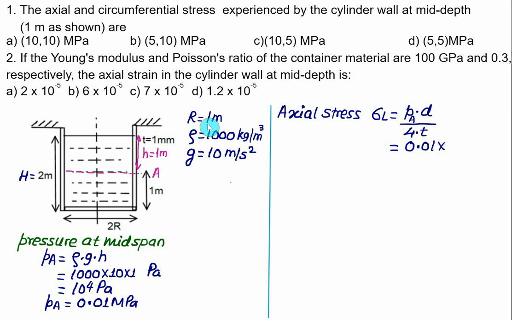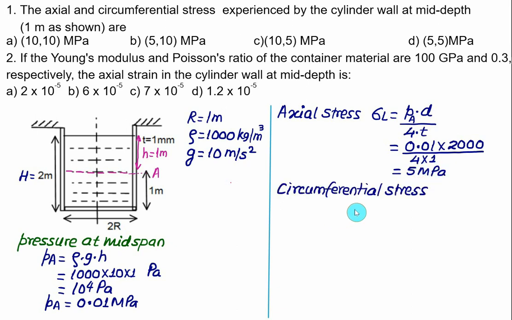Diameter will be equal to 2 times r, that is 2 meter. We have to take it in mm, 2000, divided by 4 times thickness equal to 1 mm. So we have 20 divided by 4. So this equals 5 megapascal.